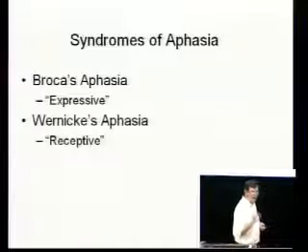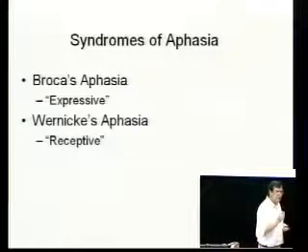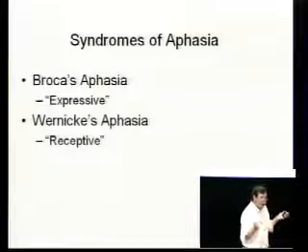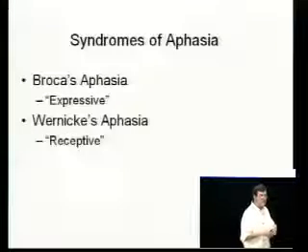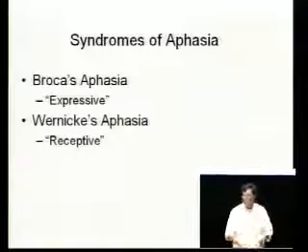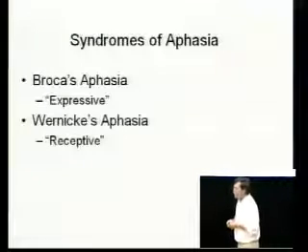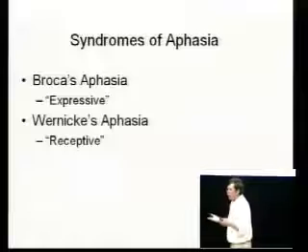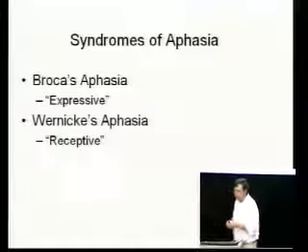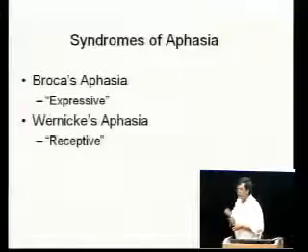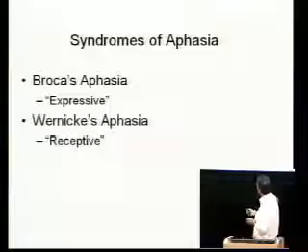However, the patient's comprehension of the speech of others is perfectly fine. Okay? The person is having a difficulty getting speech out, but isn't having any difficulty understanding the speech of others, so that the person can respond to commands and things like that perfectly normally. They don't seem to have any of these kinds of problems.